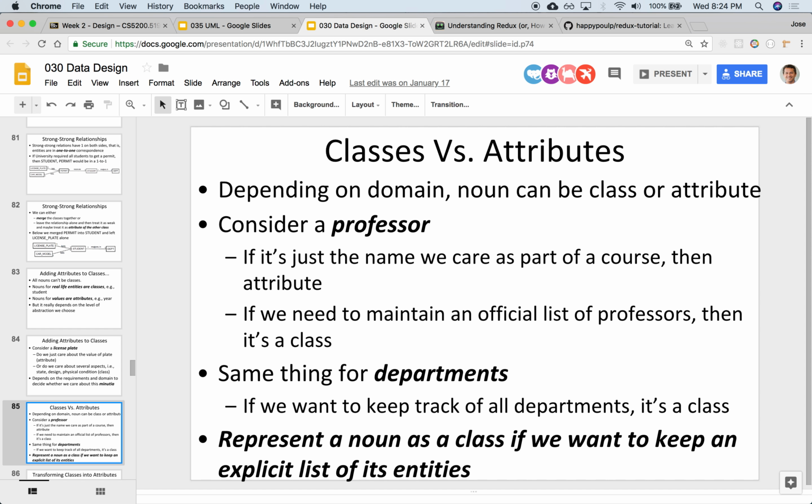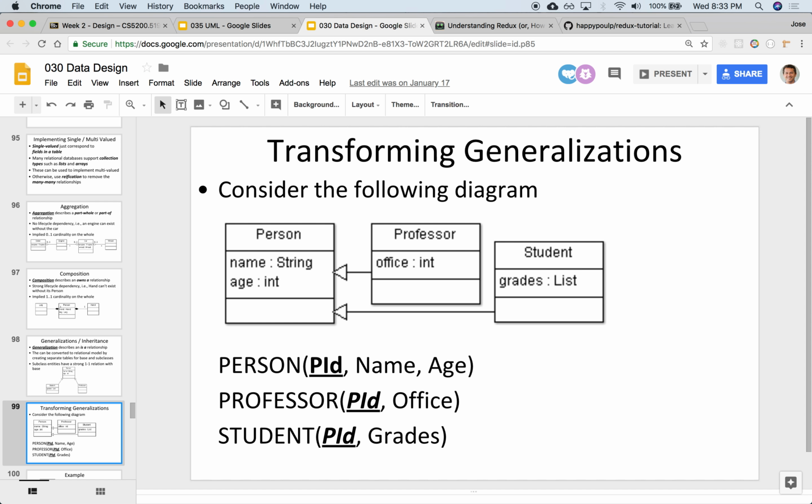If I remove the person record, I have to also remove the record that goes with a professor. It makes no sense to have a record of a professor without also having an equivalent or related record in the person table.